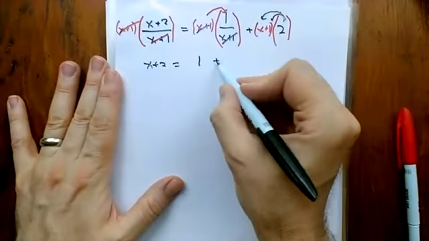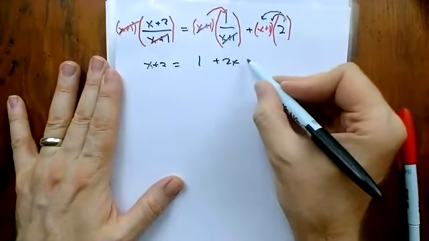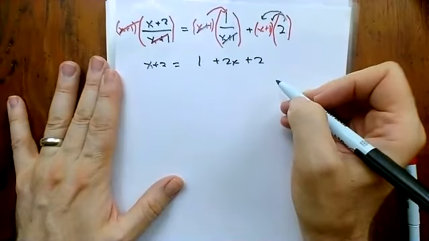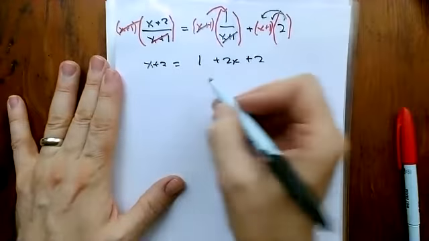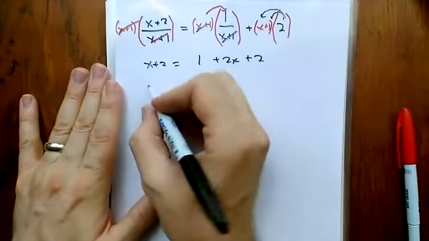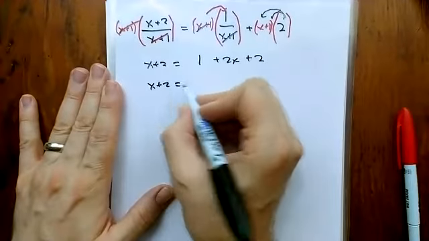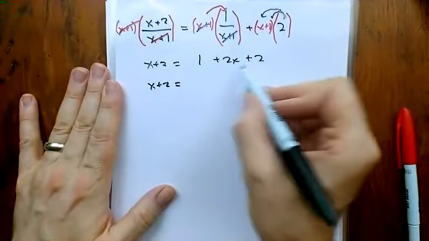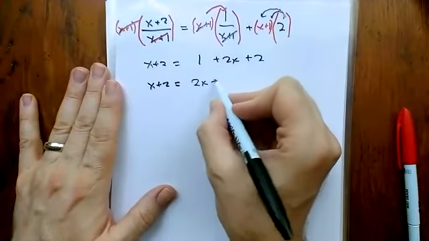So I'll have plus 2x plus 2. So now when I solve this, I'm going to combine some like terms. So I've got x plus 2 still on the left. I'll add this 1, so I've got 2x plus 3.